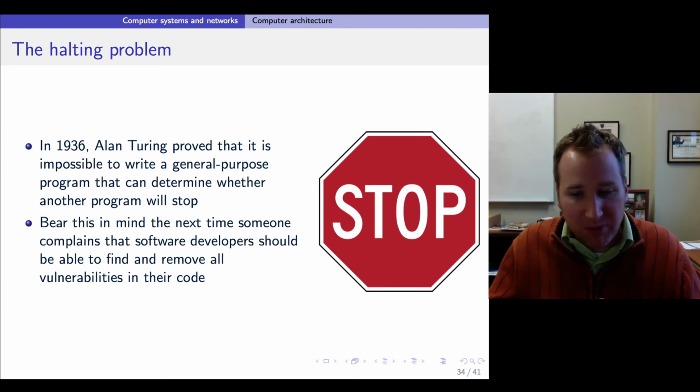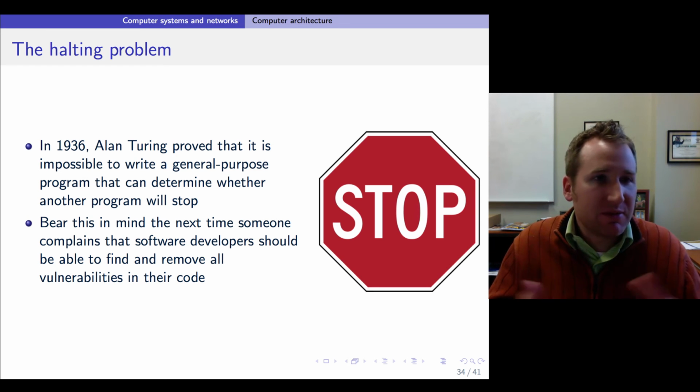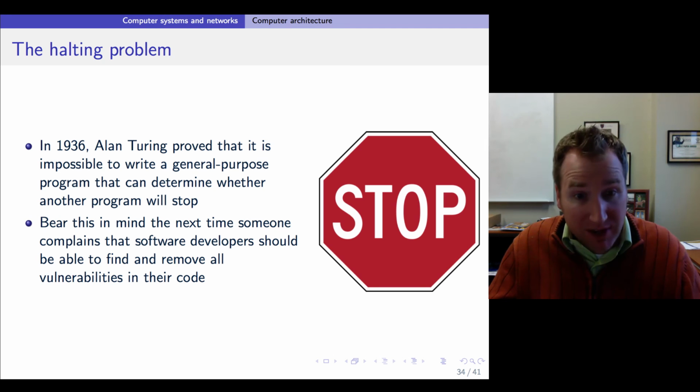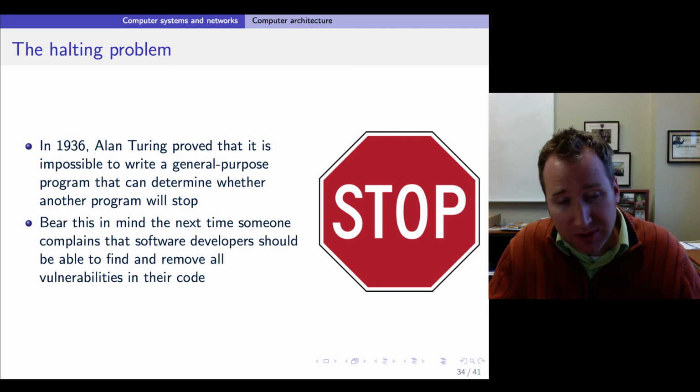Because one of the problems we have with code is you can have something that will get stuck in an infinite loop or hang indefinitely. And it seems like it would be feasible to do, but in fact, he proved that in general this is not possible.